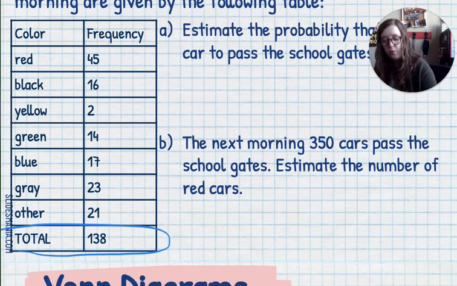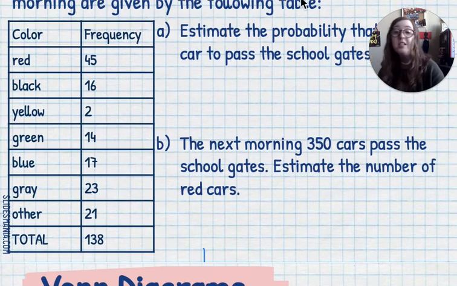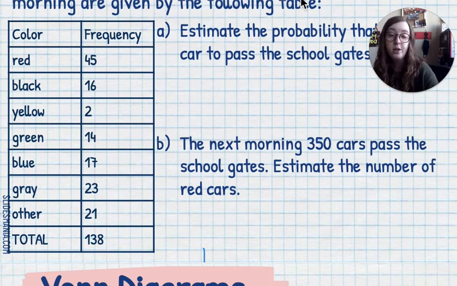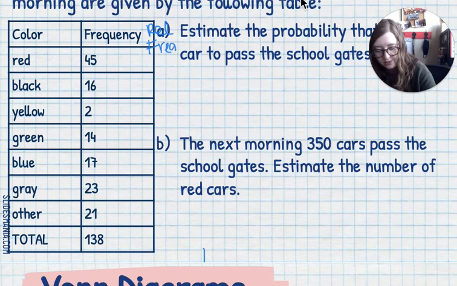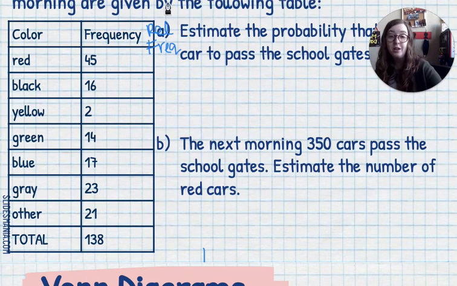So the way we'll find that is we're going to take our frequencies and divide by the total. So to find out the probability that the next car is going to be red, or find its relative frequency, that's what we're finding right now, relative frequency, we're going to take our frequency, 45, divided by our total.